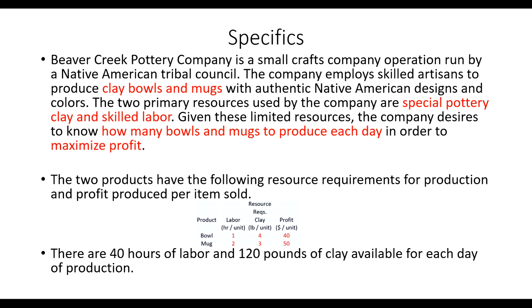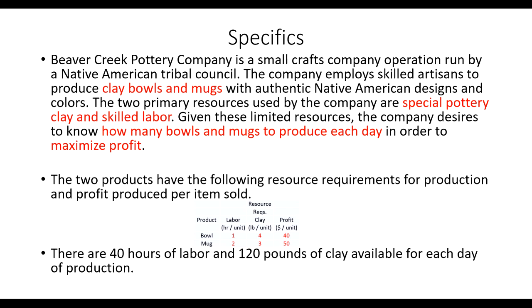So we see here that we're trying to determine how many bowls we should produce and how many mugs we should produce. So those become our decision variables. Clay bowls will be equal to x1. Mugs will be equal to x2.